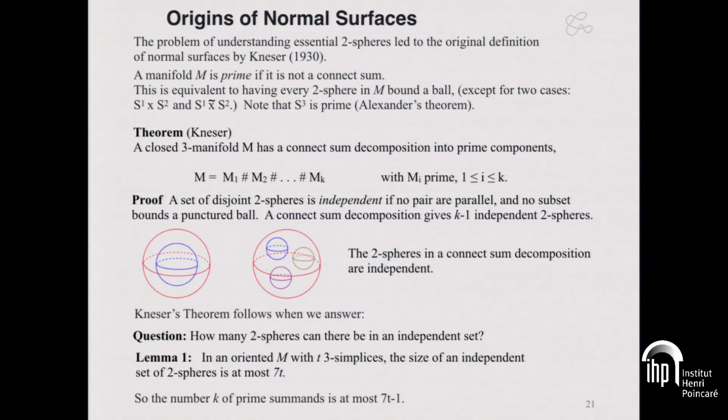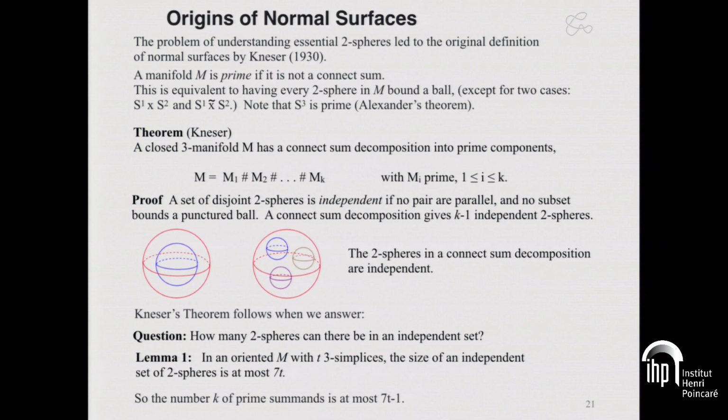We can also add in another condition, that no subset bounds a ball. So no pair looks like the spheres at the left or the four spheres at the right. Those don't contribute to the number of connect summands if they sit inside a manifold like that.